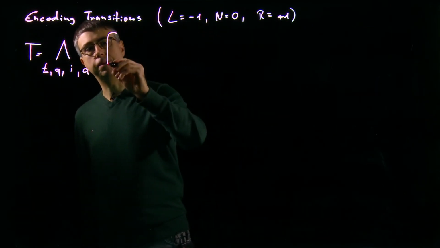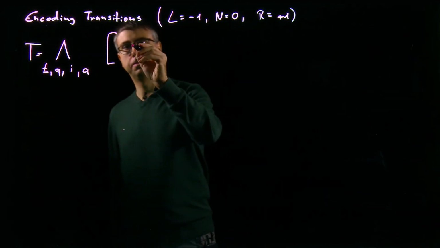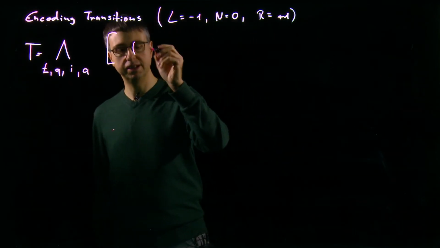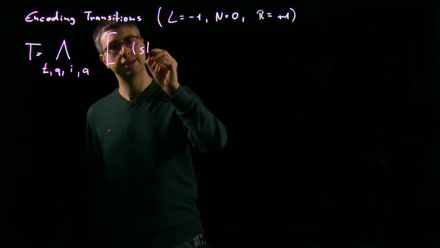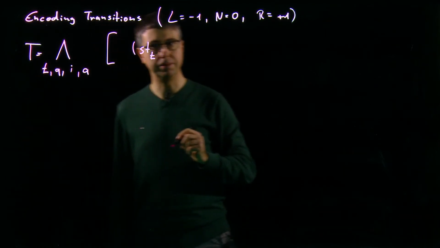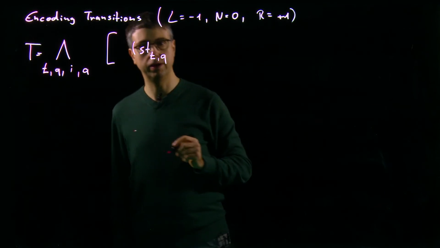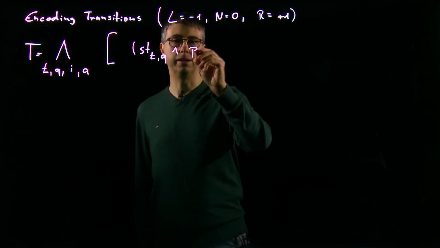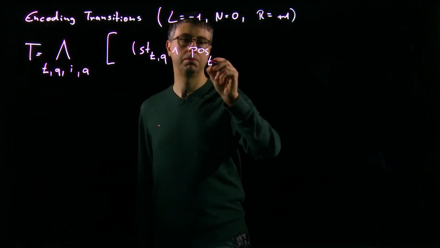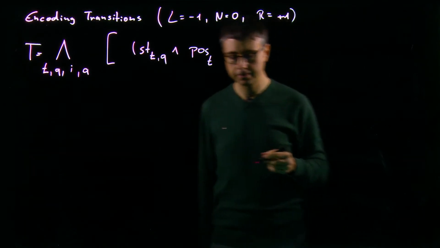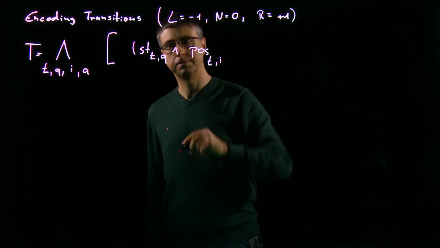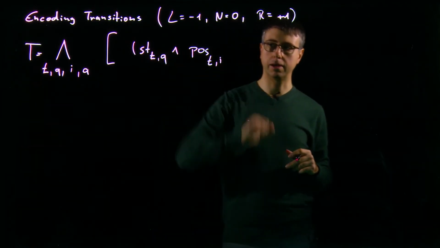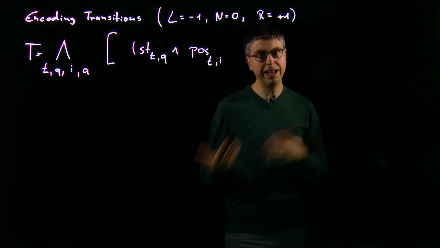And now we say, okay, if we are at a point in time T in a state Q, this means that the state at point in time T is Q, so this variable is true, and the position of our head, at the same time T, is I. So if we're at time T in state Q and the head is at position I, then of course we need to read what's on the tape.